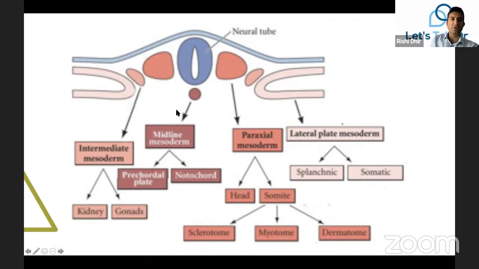And then you've basically got your intermediate mesoderm, which gives rise to your kidney and your gonads, your genitourinary system, and then your midline mesoderm, which gives rise to the precaudal plate and the notochord. Remember what I said, notochord releases sonic hedgehog gene to stimulate all of the other things to form, and then forms your nucleus pulposus, okay? So it's a little bit confusing, but if you just try and visualize that thing, okay, it's much easier to remember.